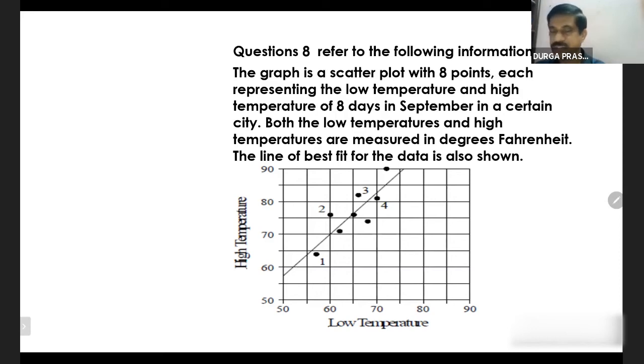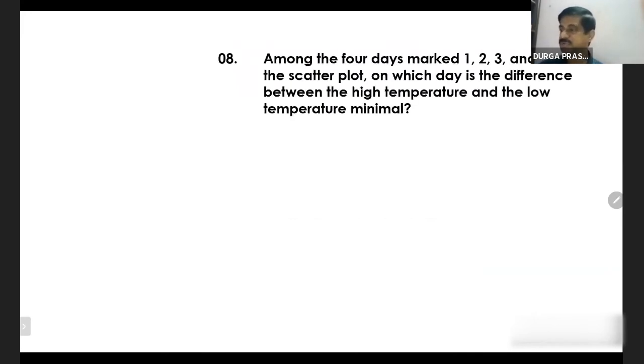You should take the slope of the line. So what does he say? Among the 4 days marked 1, 2, 3, 4 in the scatter plot, on which day is the difference between high temperature and the low temperature minimal.